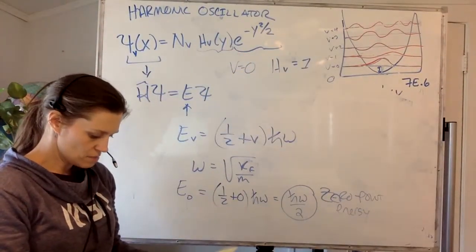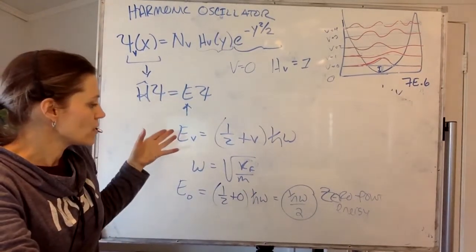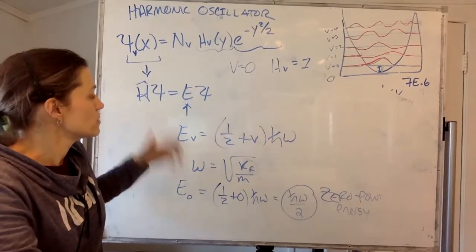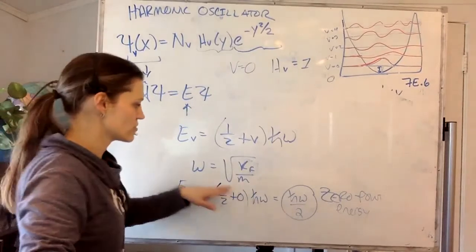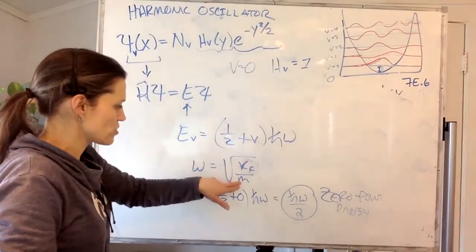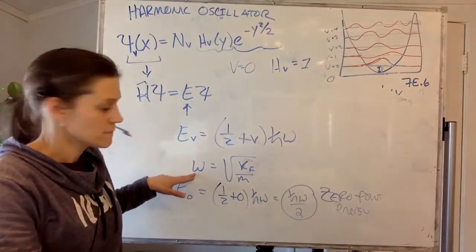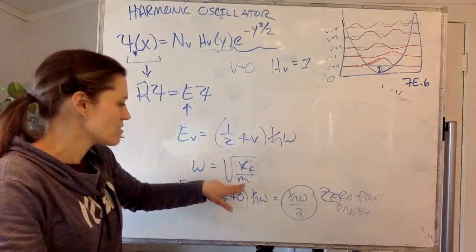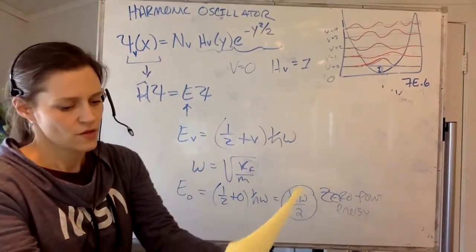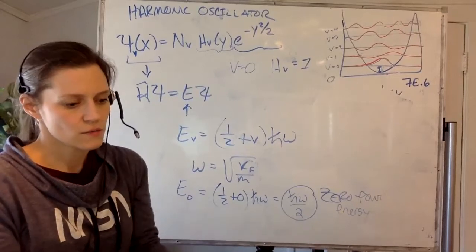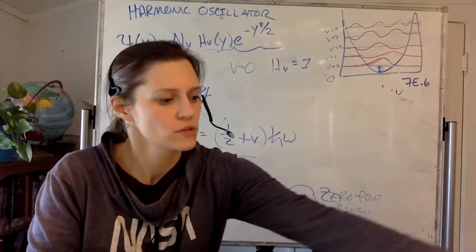And then the other thing is a direct result from the energy: since omega is inversely proportional to the mass, the bigger the mass, the faster the decay, which means a smaller frequency. Okay. I think that's all I want to say.